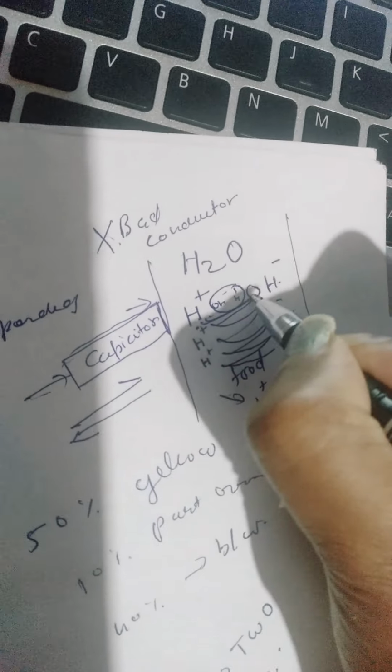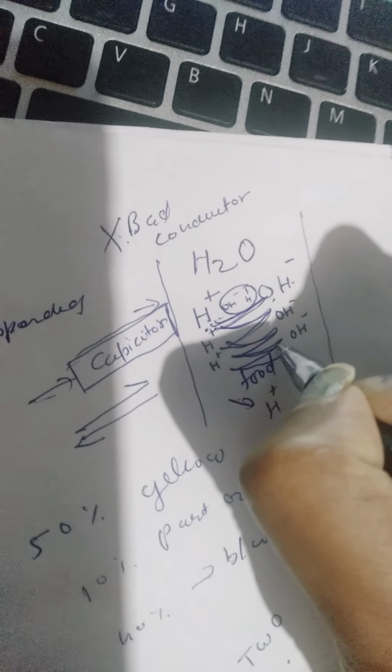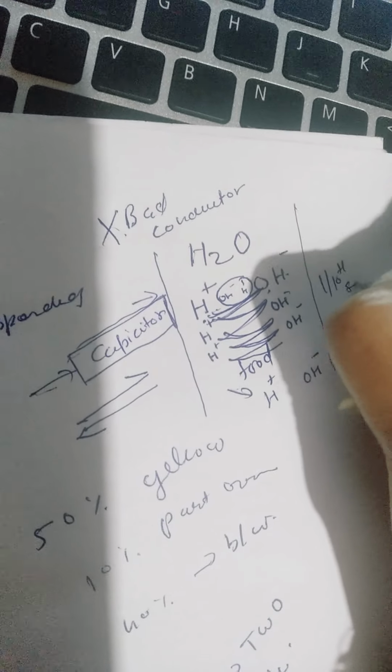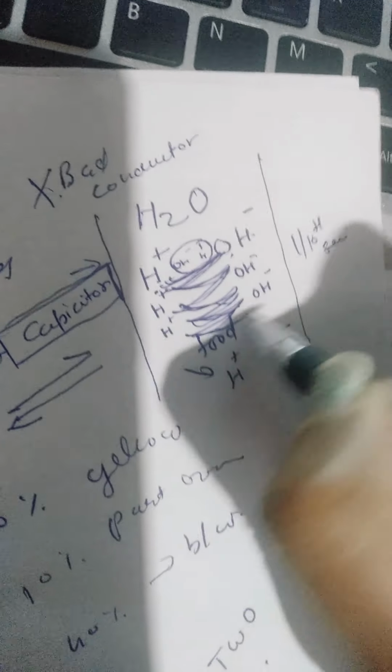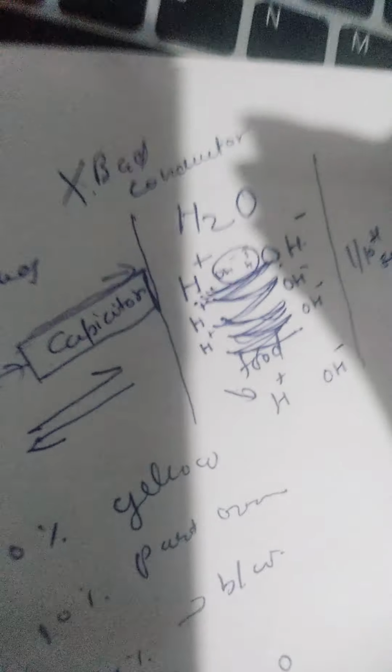This polarization process takes place in a very few seconds. Due to this polarization, friction occurs, and this friction causes heat generation.